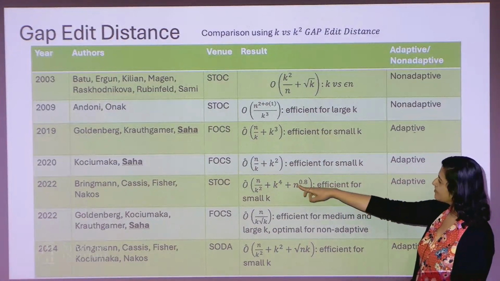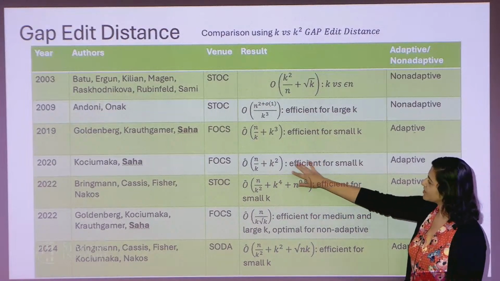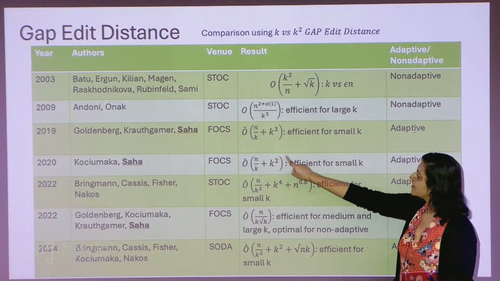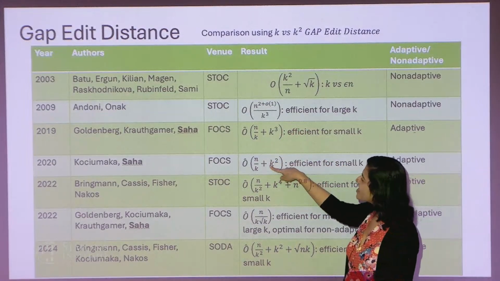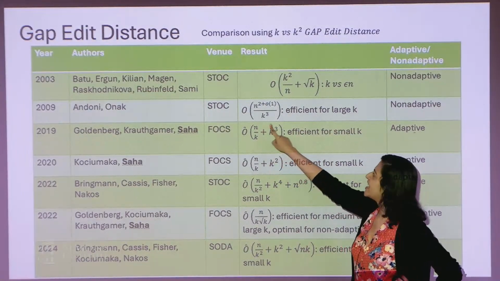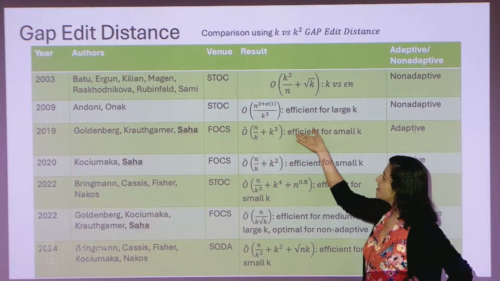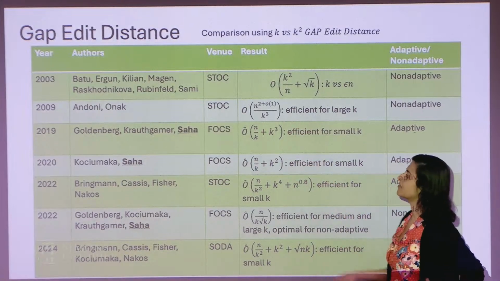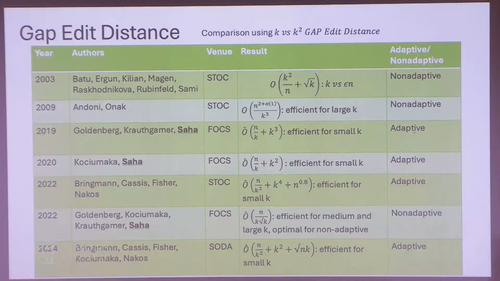Then in 2022, one thing that was kind of annoying here is that we have a dependence of n over k. If you were trying to solve the Hamming distance for k versus k squared, you would have got n over k squared, and here we are getting n over k.